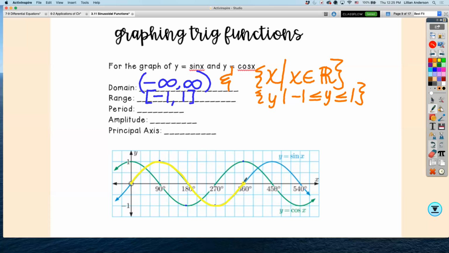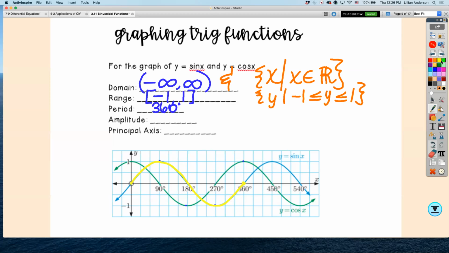It repeats. So what I've highlighted in yellow is technically one full cycle. How long is it from the starting point to the end of that yellow curve? 360 degrees. So the period is 360 degrees.